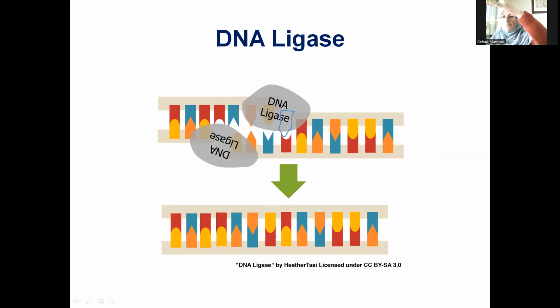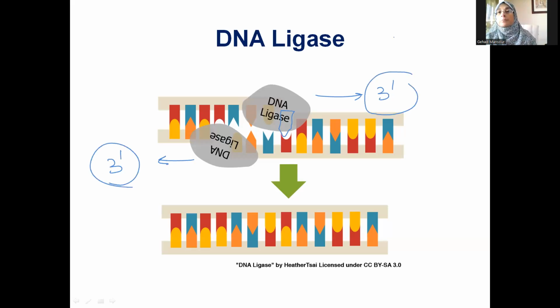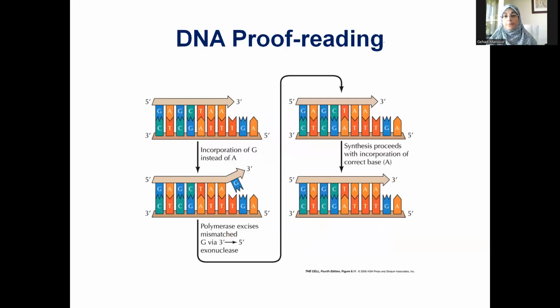So we have a ligase that moves on one strand and another ligase that moves on the other strand in the opposite direction. So if this one moves like this in the direction 3', then this one also moves in the direction 3'. This is only possible because of the anti-parallel nature of the DNA strands.